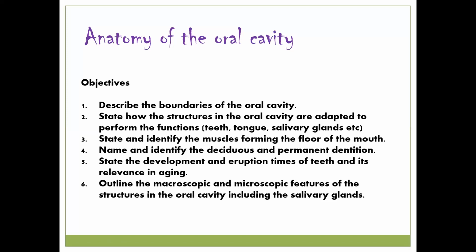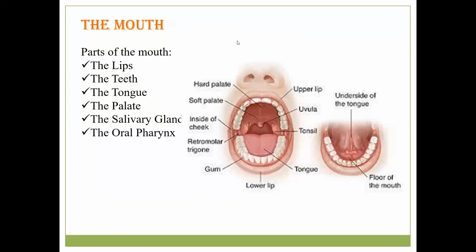Okay. So first, let's see what the parts of the mouth are. There are several parts. From outside to the inside, we can see the lips. Lips are the ones in the mouth which contact with the outside environment. Then come the teeth.